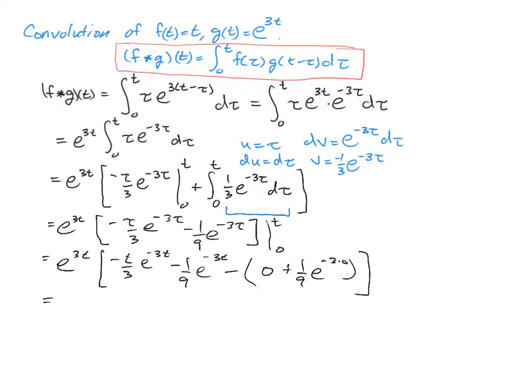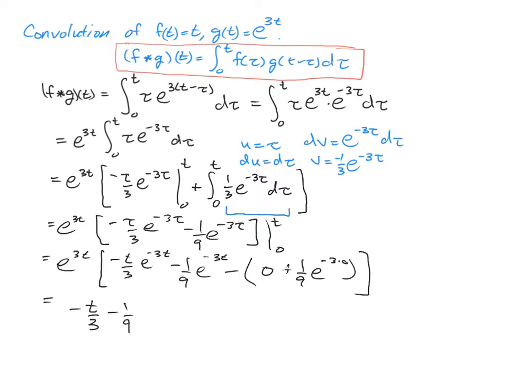We now multiply everything through by an e to the 3t. In the first term, that's going to cancel out the e to the negative 3t. So we're going to have just negative t over 3 as our first term. In the second term, the 3t's cancel out again. We just get minus 1/9. And then for the last term, it's going to be a minus 1/9.